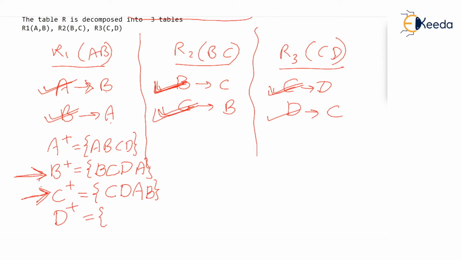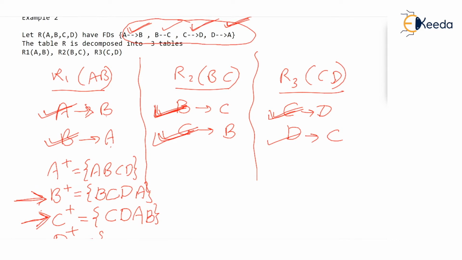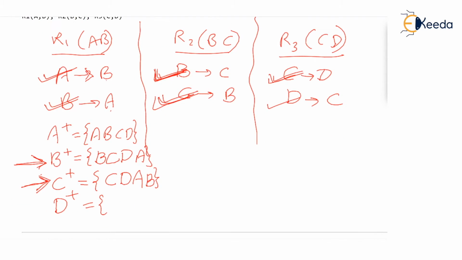From the original FD set, we are finding D closure, then D determines A, so A will be brought in, A determines B, so B will be brought in, and B determines C, so C will be brought in. So obviously D closure is going to contain D, C, A, B, all attributes. That means D also determines C.